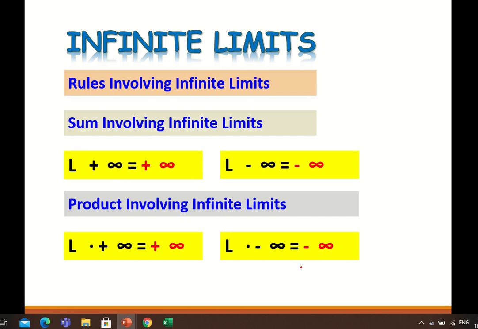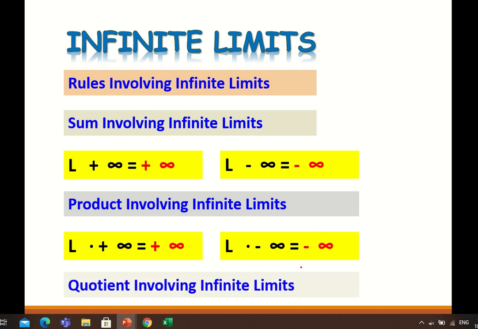Alright? And we also have the quotient rule involving infinite limits. So what is the rule there? If you have positive divided by positive, what would be the sign of the quotient? This would be positive also. Now if you have a negative value divided by another negative value, the result would also be positive.